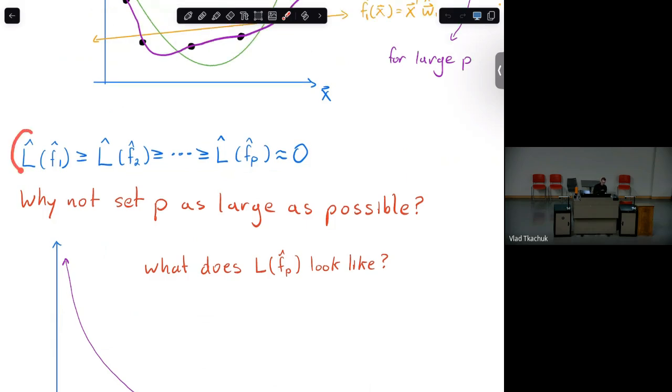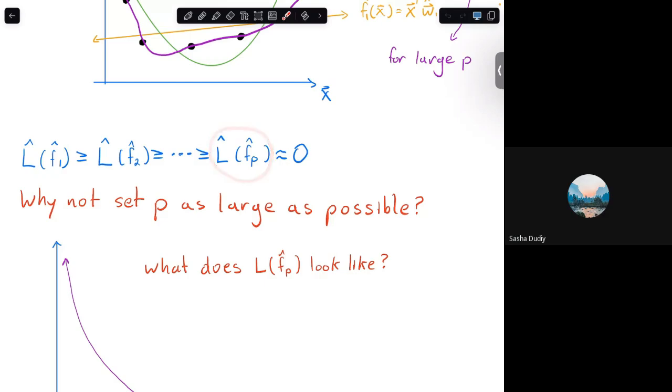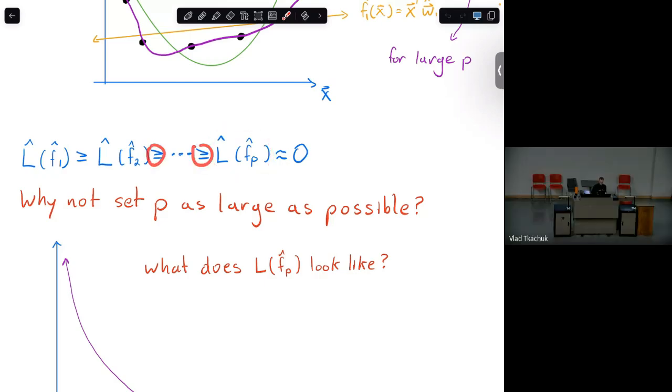The loss for f hat 1, the best predictor that is a degree 1 polynomial, will always be at least as large as the estimated loss of f hat 2, the best predictor of degree 2 polynomials, and so on. If you increase the degree of your polynomial, the best predictor you can get out of the set always gets better, which means the estimated loss is smaller. Eventually, if you make P really large, you can get to something like 0.